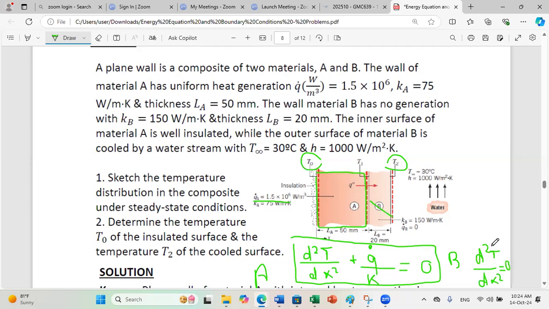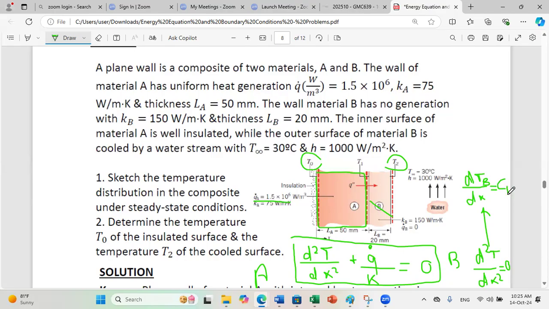Okay? Because in material B, dTB by dx is constant. And we can call this constant C1.